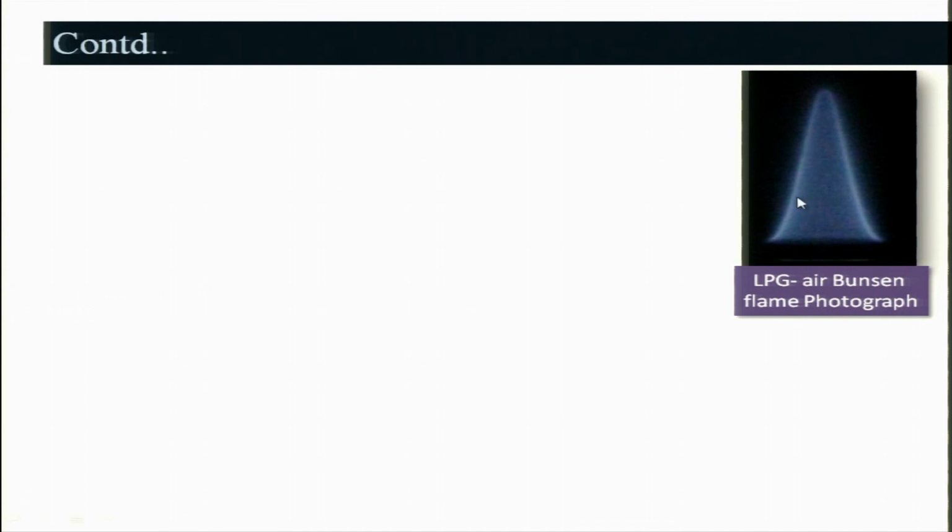If you consider this flame, is the whole thing a flame? If I take a cross section of this image, what will be the flame shape?